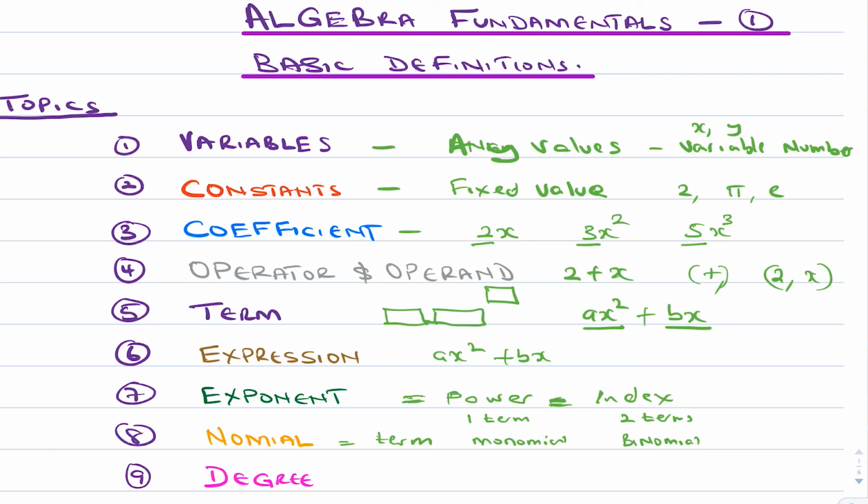And if I have 3 terms, 3 terms is trinomial. So 1 term is ax squared, 2 terms is ax squared plus bx, and 3 terms is ax squared plus bx plus c, which is a trinomial.